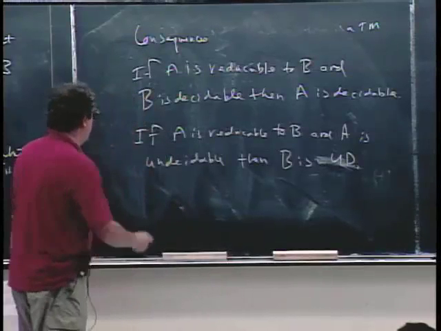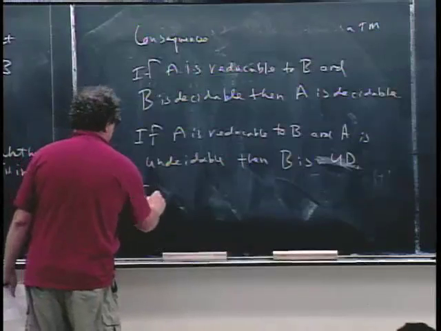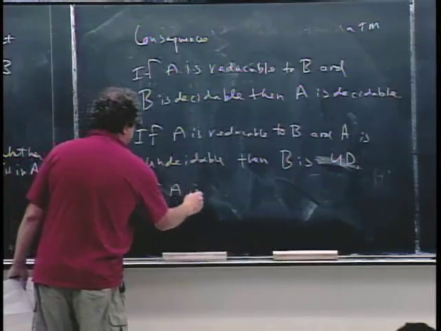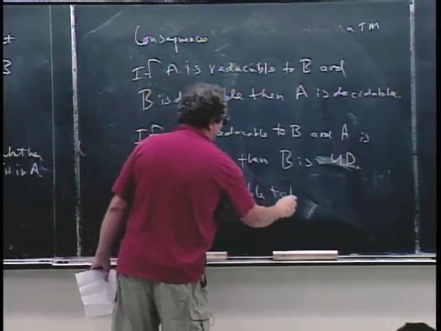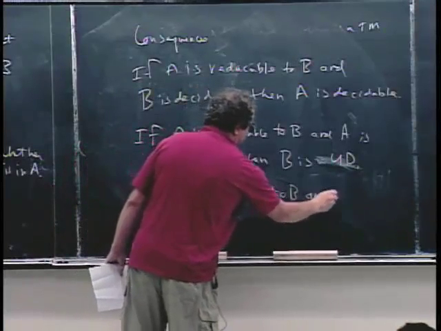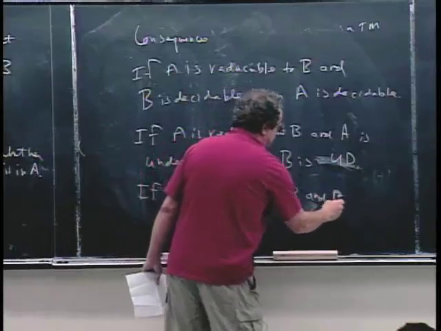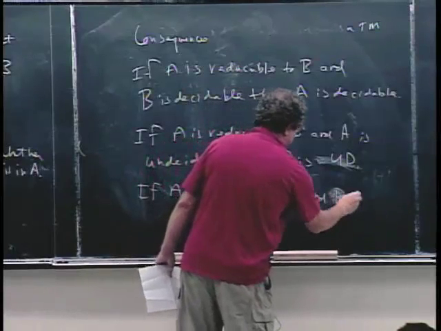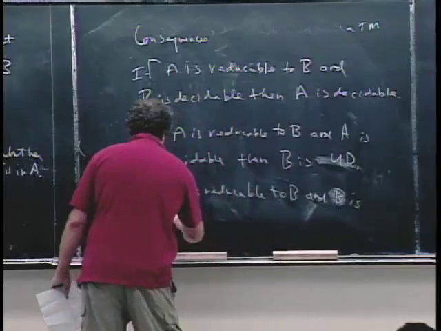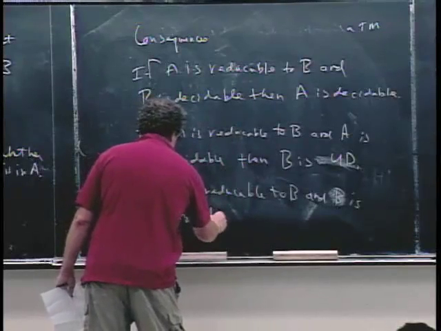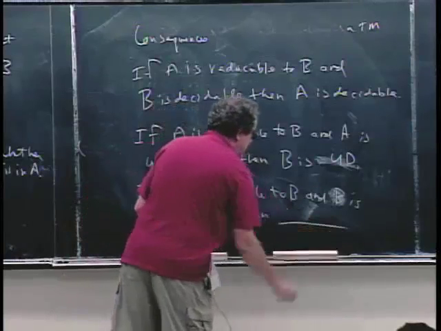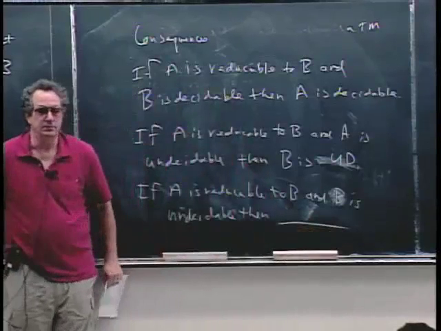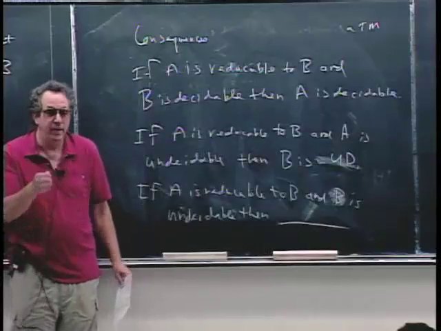Okay, let me give you a third one here. If A is reducible to B, and B is undecidable, then what? We don't know.